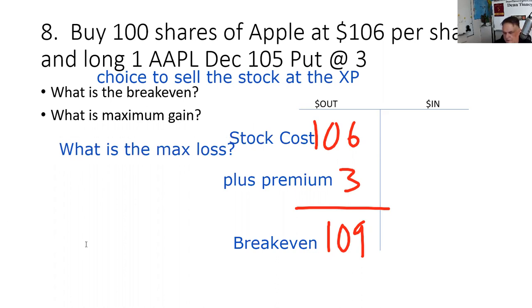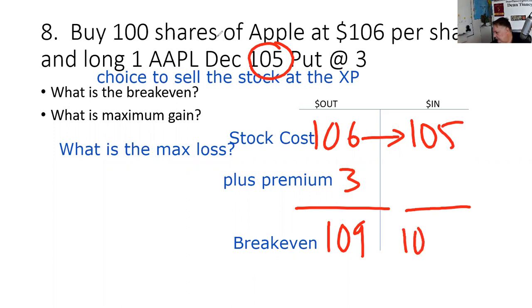All right, the max loss here is anytime I want, I can exercise my put contract and I can sell the stock at the strike price of 105. Kind of cool, right? So now the worst case is I'm going to stick it to somebody at the strike price.